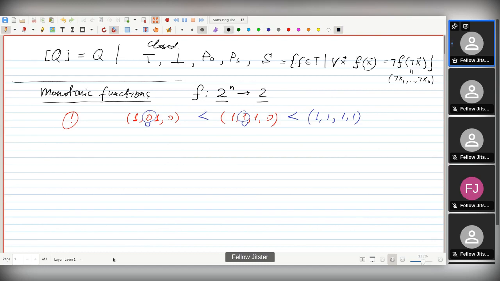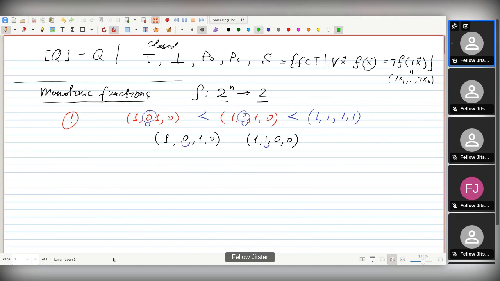But this order is essentially non-linear. If we try to compare these two, what can we say? We see that with respect to the second coordinate, the right one is greater than the left one.